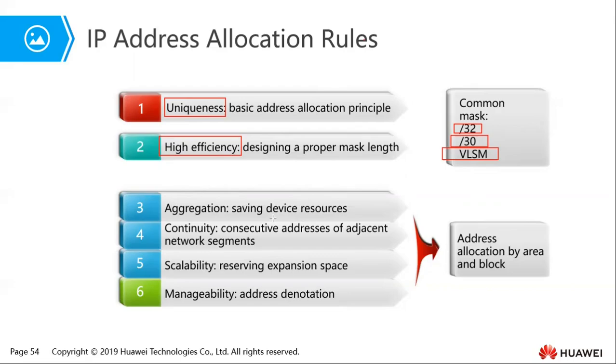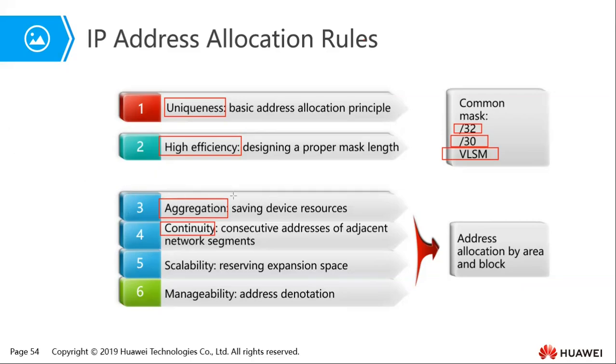Okay, now the other thing you're supposed to consider, for example, is aggregation. Aggregation, we know that if you have several subnetworks, you want to ensure continuity, that is consecutive addresses of adjacent network segments, so that they can be aggregated into a single IP address.